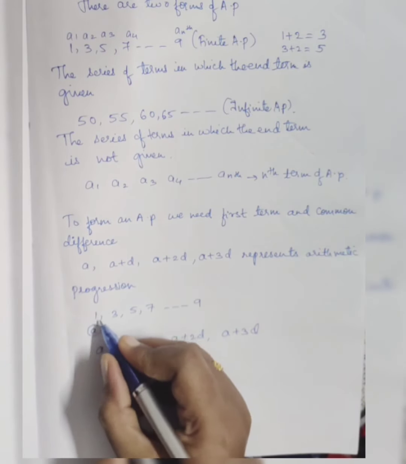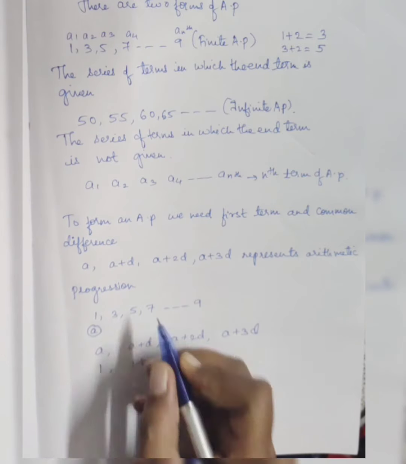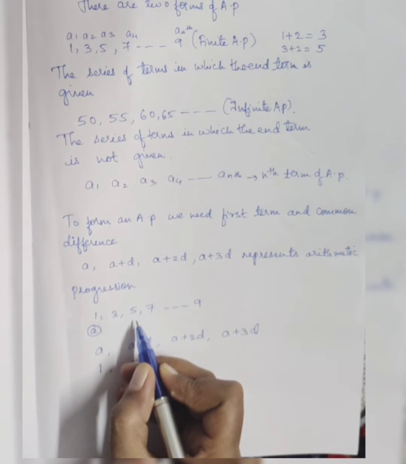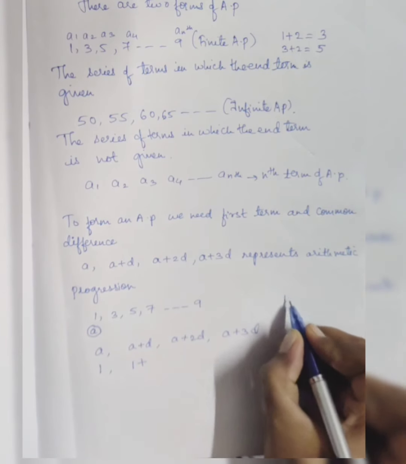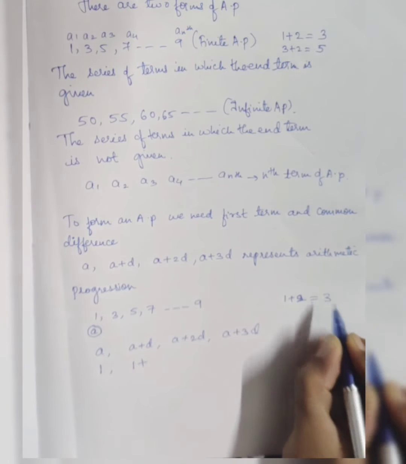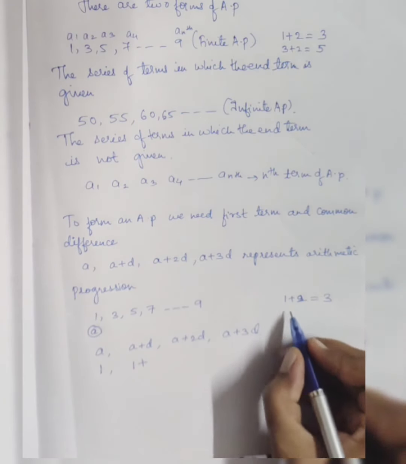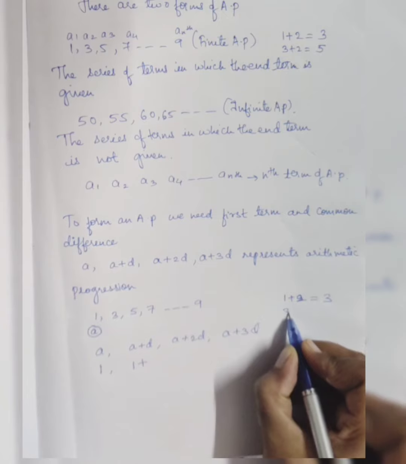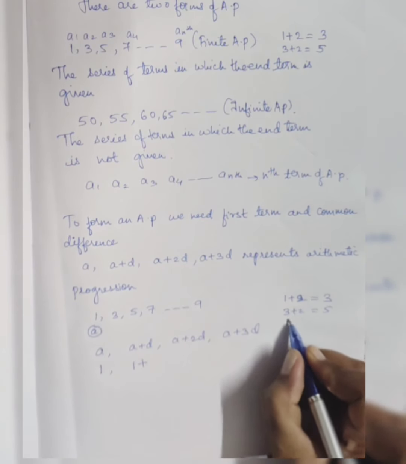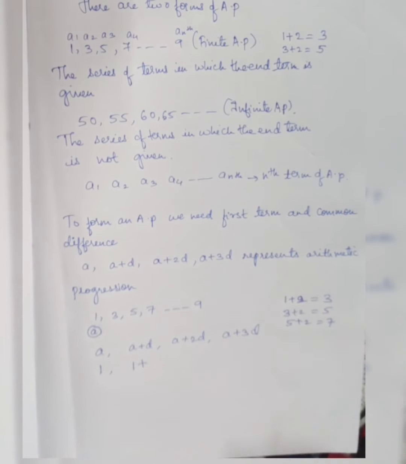I have already told you, you can just add them or you can subtract them. So what are you going to get? 1 plus 2 gives 3, then 3 plus 2 gives 5, 5 plus 2 gives 7.